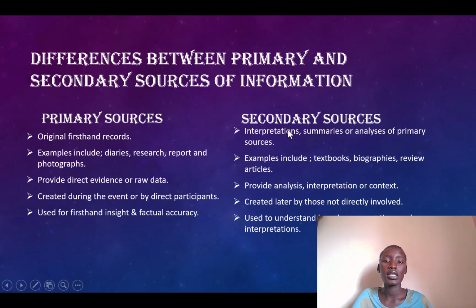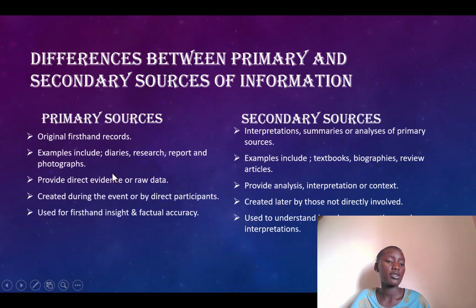Secondary sources are interpretations, summaries, or analyses of primary sources, so they mainly lean on or are dependent on the primary sources. Primary sources include diaries, research reports, and photographs. And secondary sources include textbooks, biographies, and review articles.